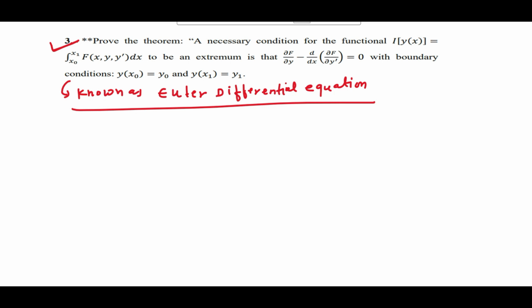So now we need to prove that a necessary condition for the functional I of y of x, varying from x0 to x1 of f of x, y, y dash dx, to be an extremum is that it has to satisfy the condition del f upon del y minus d/dx of del f upon del y dash equals 0, with boundary conditions y of x0 equal to y naught and y of x1 equal to y1.